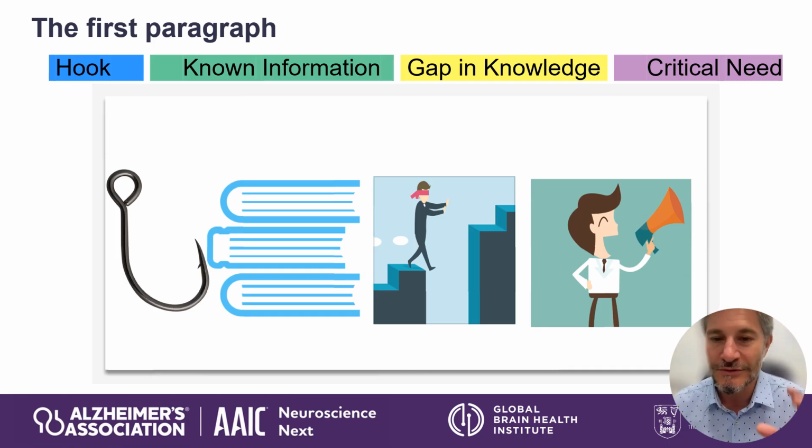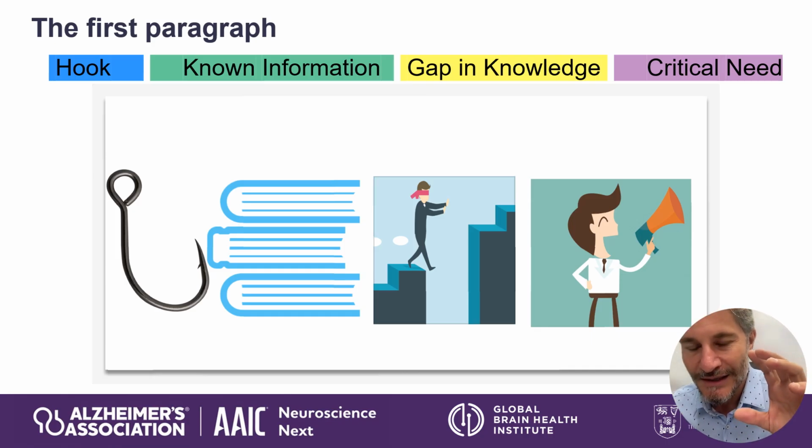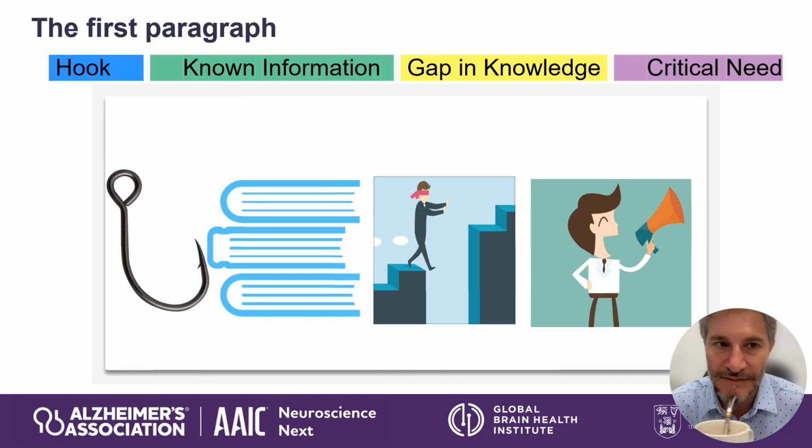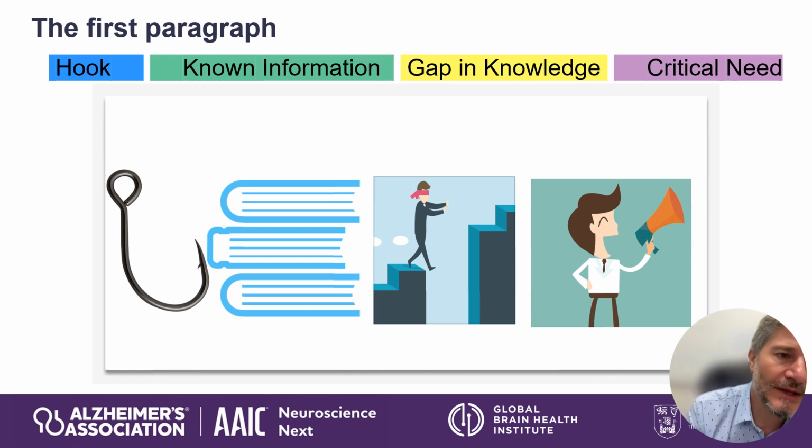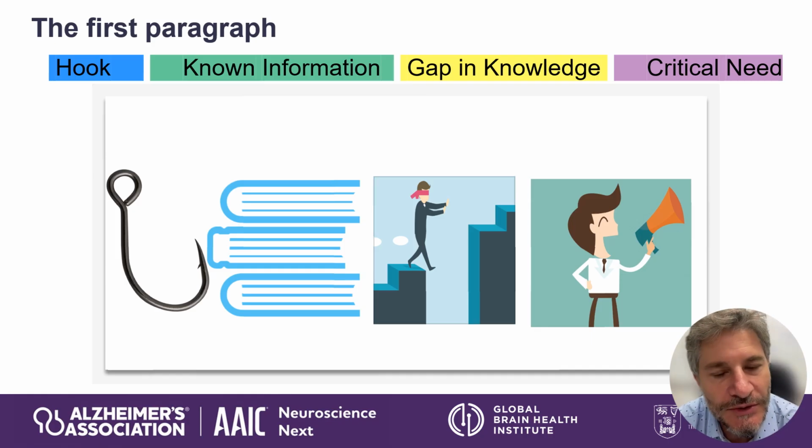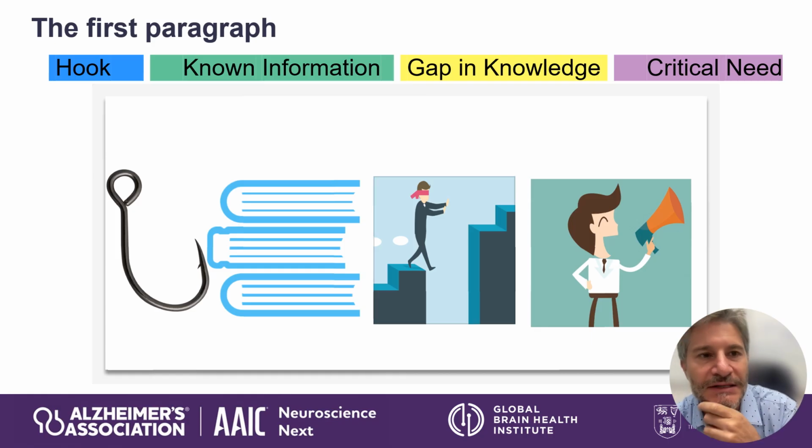So now we are going to look at the anatomy of an aim page, step by step. And we are going to talk about the colors, the blue or the yellow, whatever. Those colors are intentionally put in there because I will provide you examples and you will identify the different aspects.